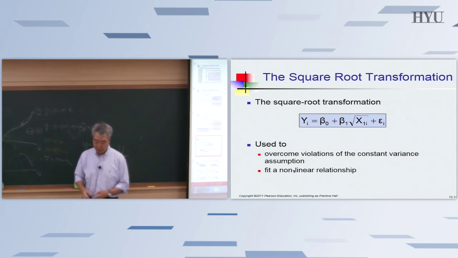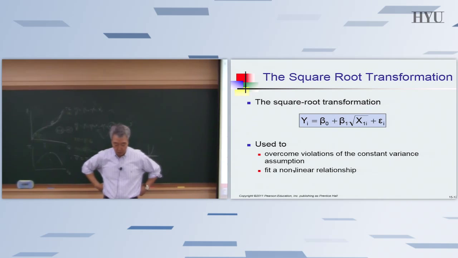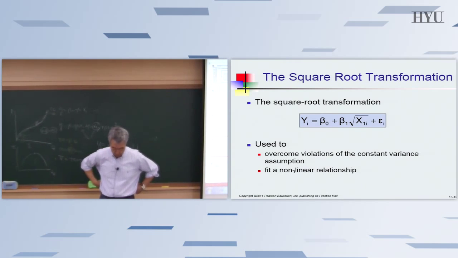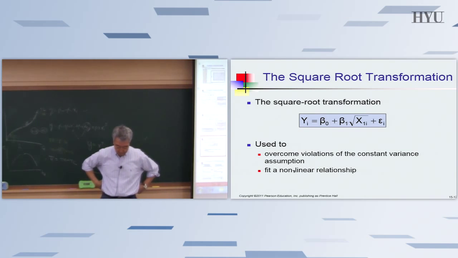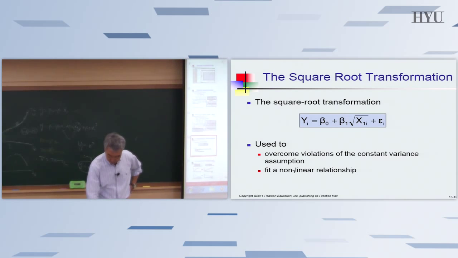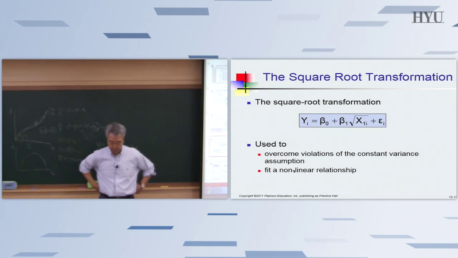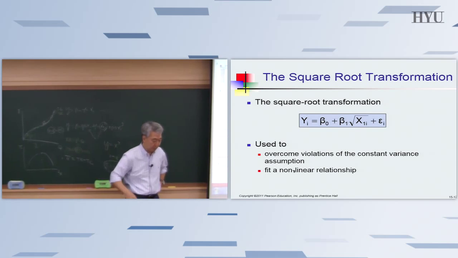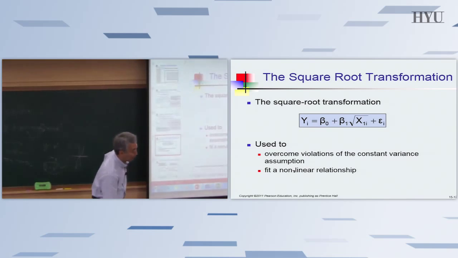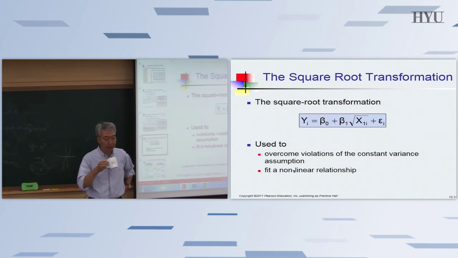Here in our textbook, they talk about the square root transformation, okay? Square root transformation is typically used to overcome violations of the constant variance assumption. What's another name for this, constant variance or equal variance assumption?